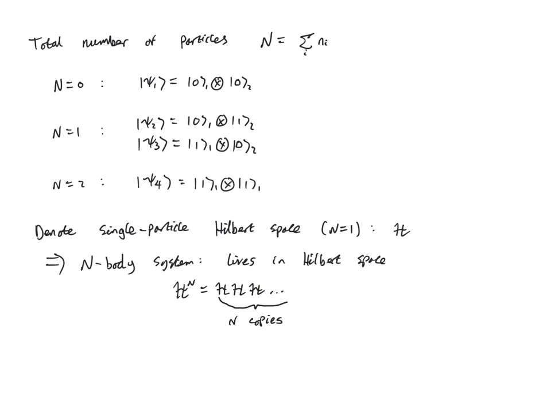And this can be denoted using this direct product symbol. So for n-body system, I have the direct product of n single particle Hilbert spaces. Now, an n-particle state will, in general, consist of a linear superposition of basis states living in the n-particle Hilbert space.